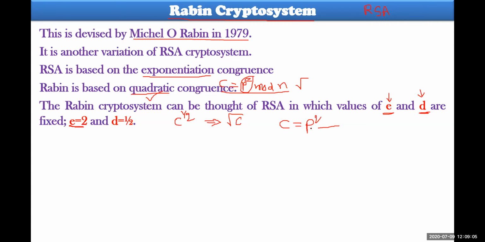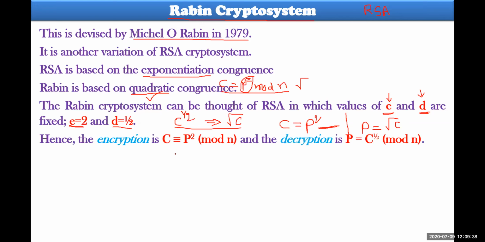Plaintext power 2 is taken in the Rabin crypto system, whereas in decryption, to get back the plaintext, we take the square root of C, written like this. That is why it is a quadratic congruence. You have to understand these two.